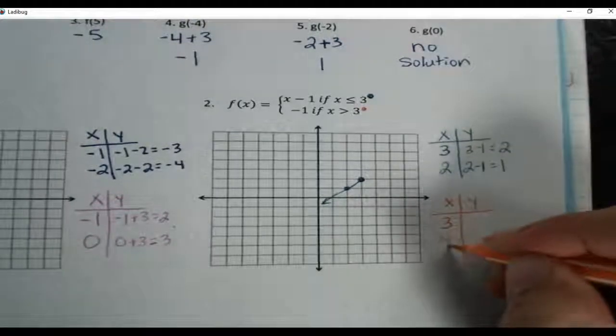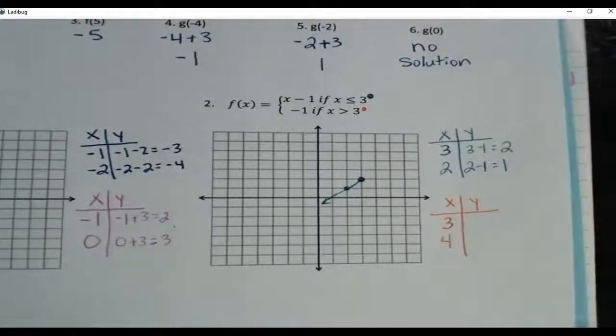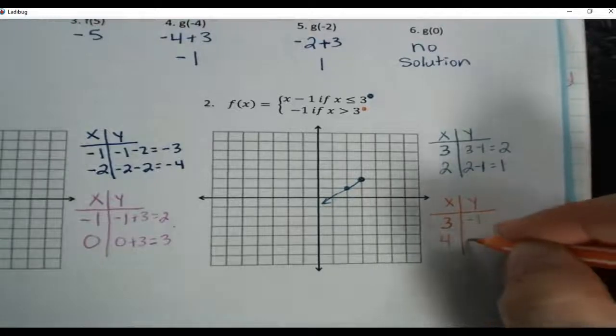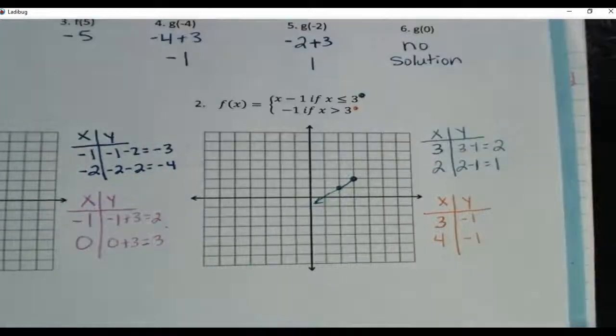So anything that's greater than 3. But if I look at this, do I have an x to plug into? No. So no matter what x you pick, your y is negative 1. Okay, and this is just a constant, a horizontal graph. So both of my y's are negative 1. Okay. So we don't have an x to plug into. It's just a horizontal line.